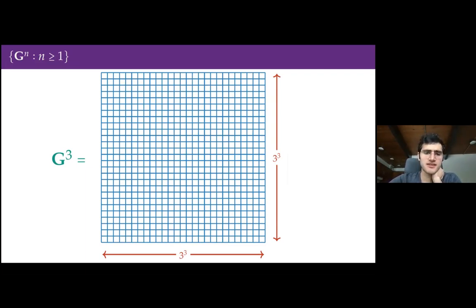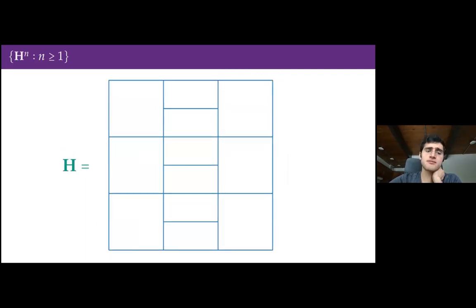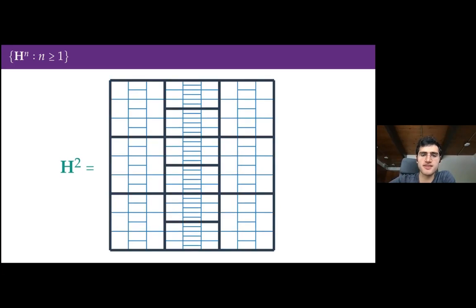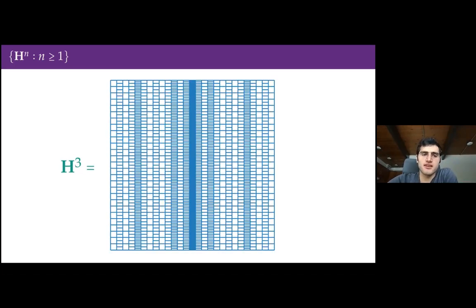Now let's look at a more interesting example. Take your base construction to be this tiling H, which is defined as follows, and look at the powers of H. Here's H squared, and you can see that it is obtained by replacing every tile in H by a copy of H, and so on.